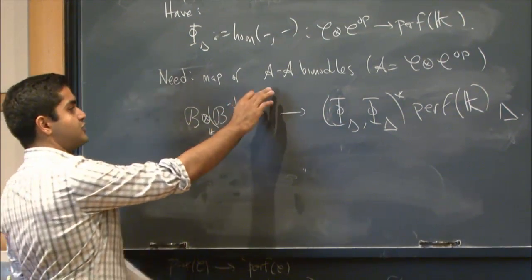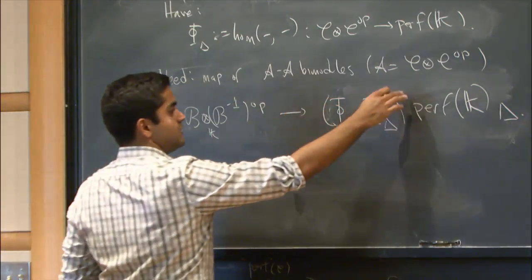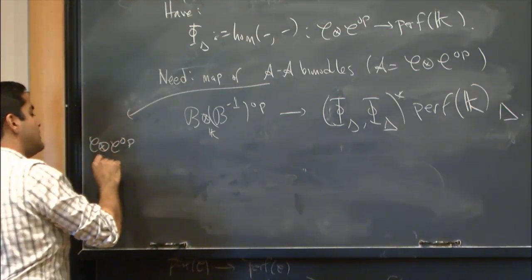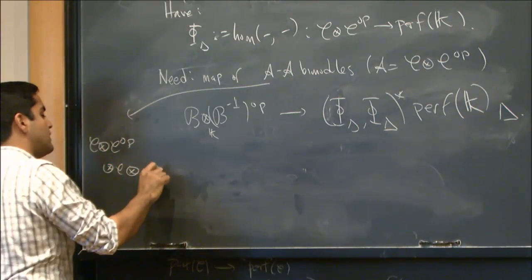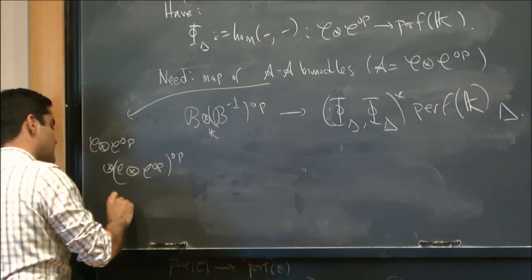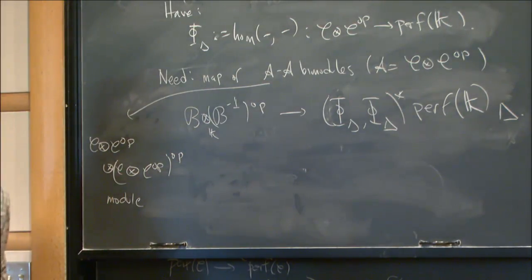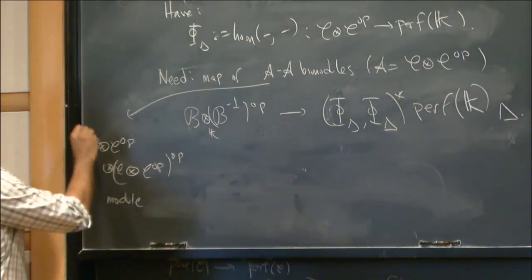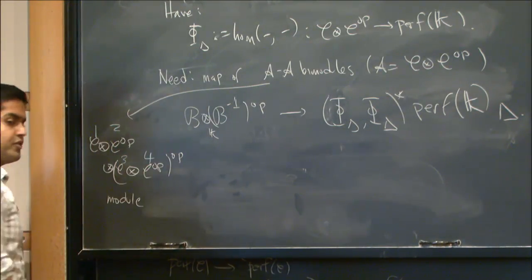First of all, an AA bimodule is a C tensor C op tensor C tensor C op module. So I have to grapple with 4 multiplications by C. Let me number them: 1, 2, 3, 4.